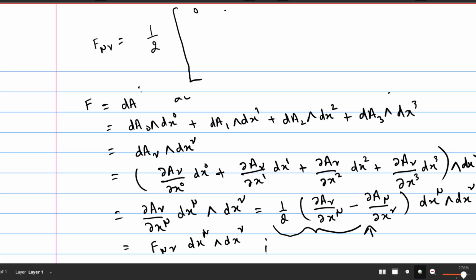The first component F01 is minus E1 by c as we calculated.